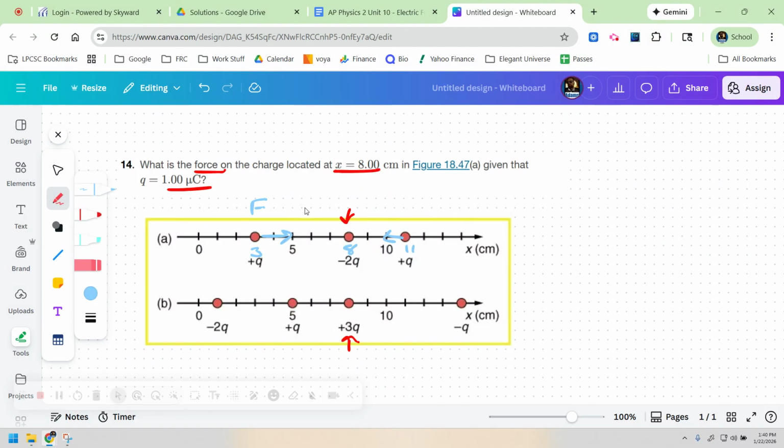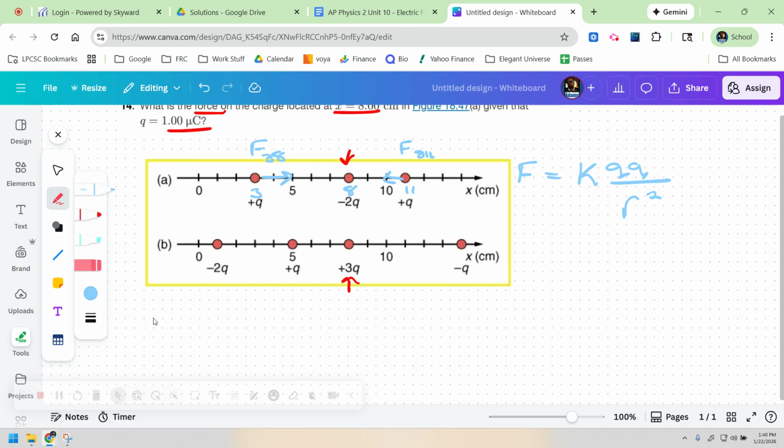Let's just do the math. So this would be the force between 3 and 8. That's a 3. And then this would be the force between 8 and 11. Okay, so then to find the overall force, remember the force, the way that we find it, is capital K, Q times the second Q, divided by the distance between them squared.